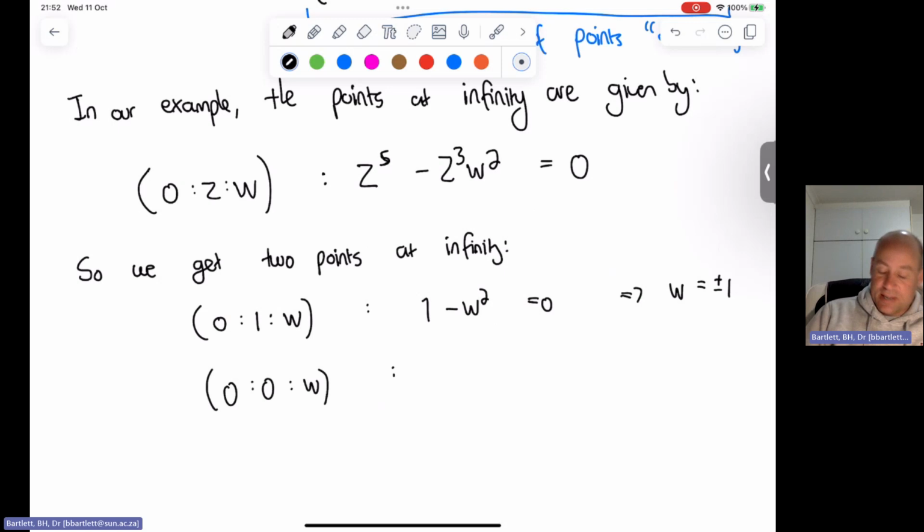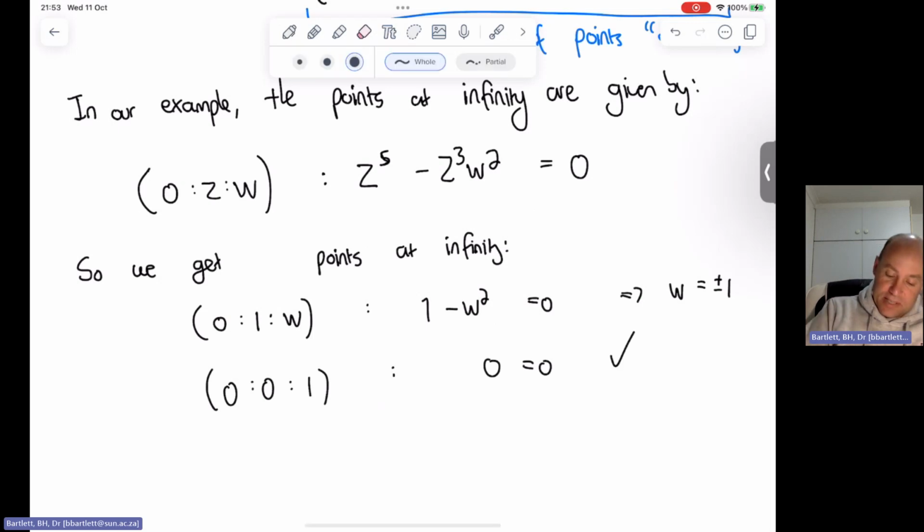Now I've confused myself. So w has to be non-zero, so I can make it equal to 1. And then it's just the statement that 0 equals 0, which is true. So that means this is also a point. So there's actually 3 points at infinity.